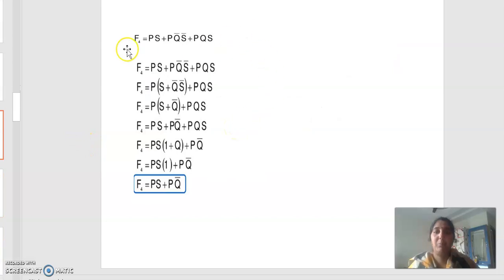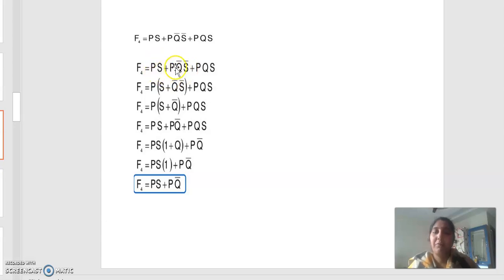We'll see one more Boolean expression which contains three variables, that is P, Q, S. The expression is PS plus PQ bar S bar plus PQS. First we see whether there is any possibility of taking common terms between two terms.